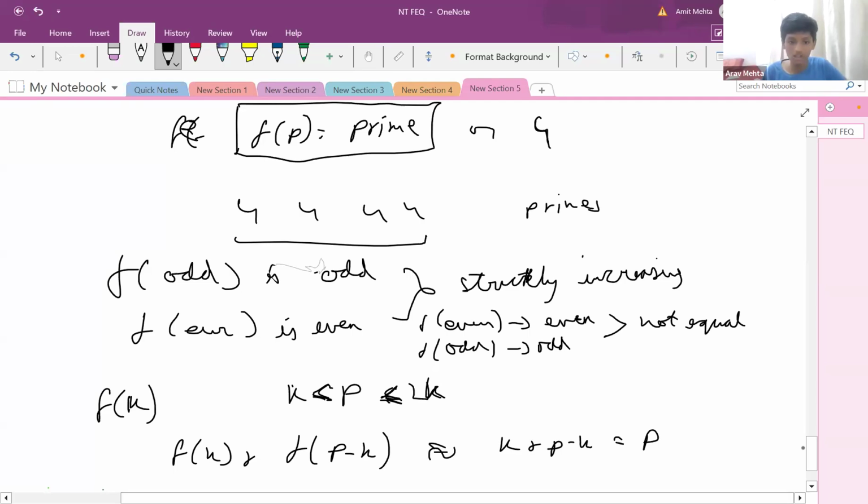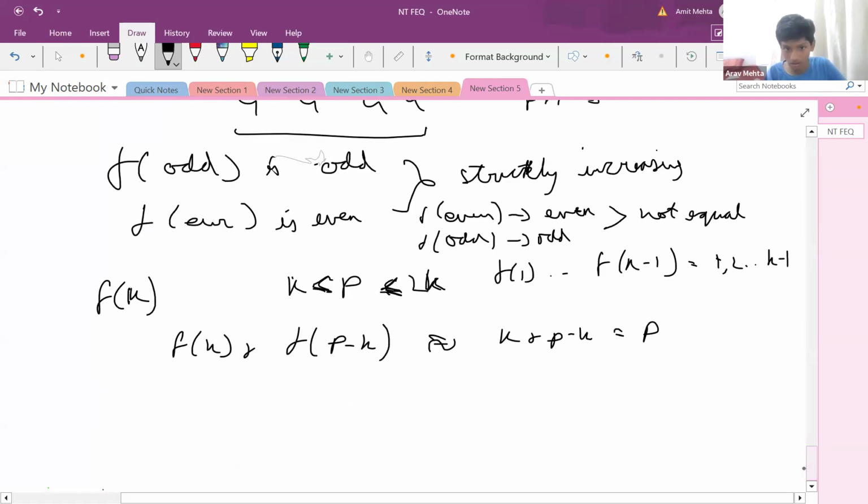Now we can strong induct and assume that f of 1 through f of k minus 1 are all equal to 1 through k minus 1. They are all identity, right?